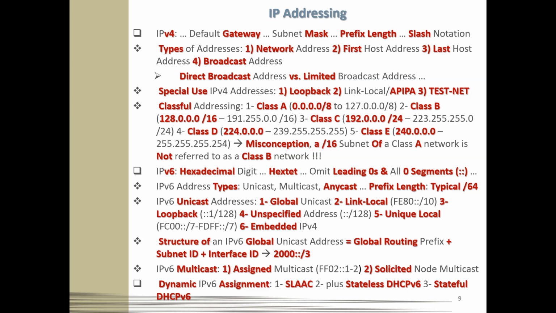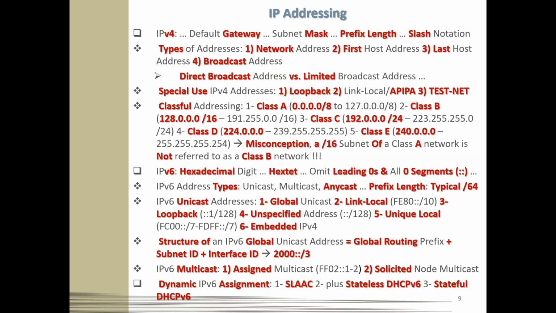The first 3 are very important. Remember, this discussion, it does not exist anymore, it's obsolete, but still we need to know about it. This is important when we come to VLSM later with IPv4. In IPv6, however, we don't have VLSM, and this is known as obsolete when we discuss IPv6 addressing.